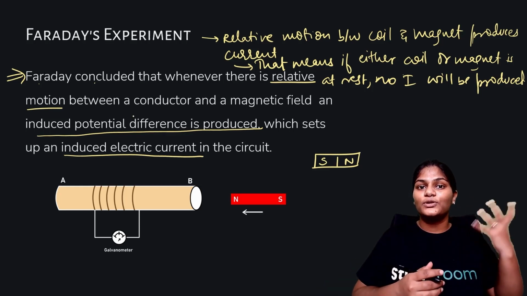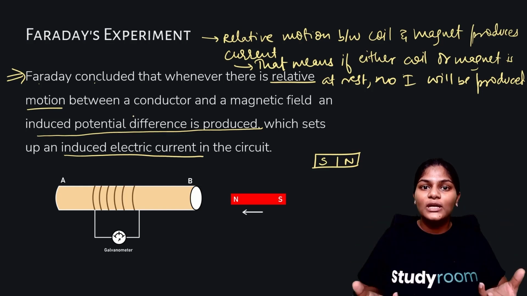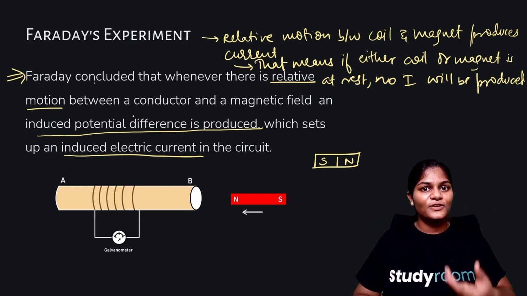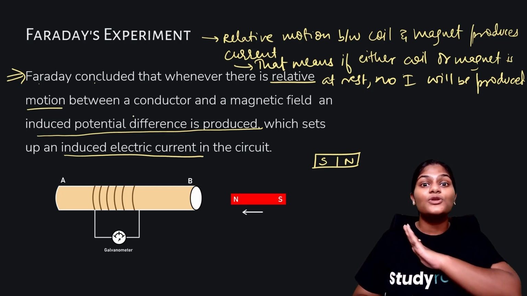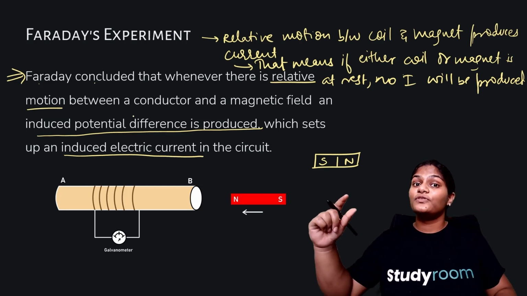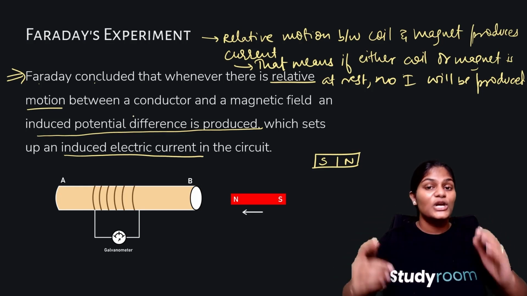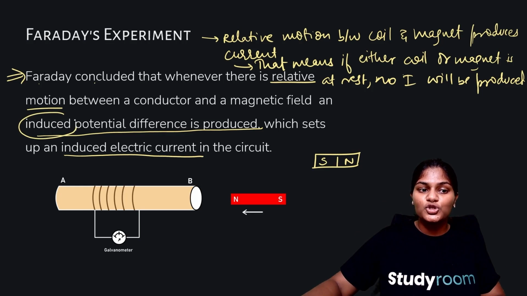Now we come back to the word induce that I told you. Here we are inducing a current because, is there a battery connected to the coil? Is there a potential difference generated by the battery? No, the potential difference is not generated by the battery. The potential difference is generated because of the relative movement between the coil and the magnet. So that means there is an induced potential difference.